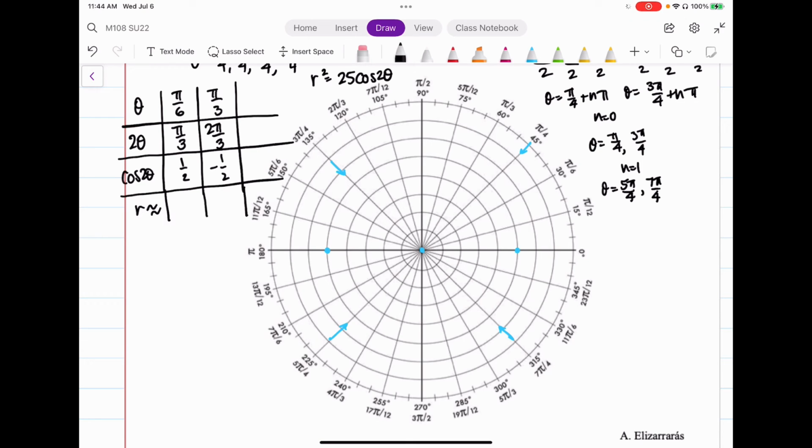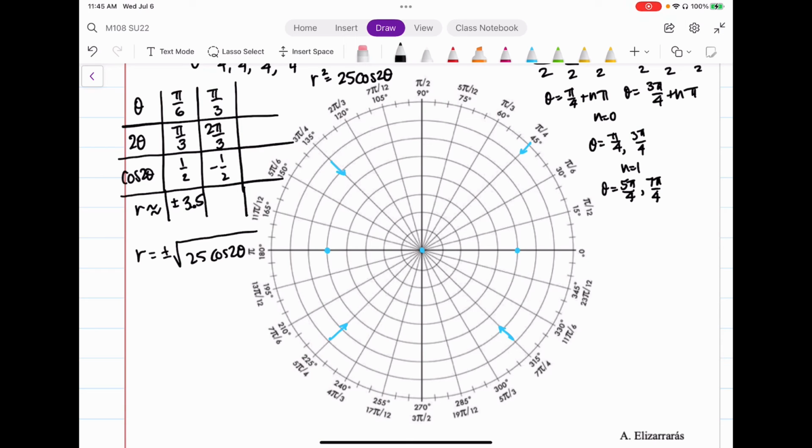Now remember, r squared is equal to 25 times the cosine of 2 theta, and r is equal to plus or minus the square root of 25 cosine of 2 theta. So in my calculator, I'm going to calculate the square root of 25 times 1/2, both positive and negative. This is going to be plus or minus 3.5.